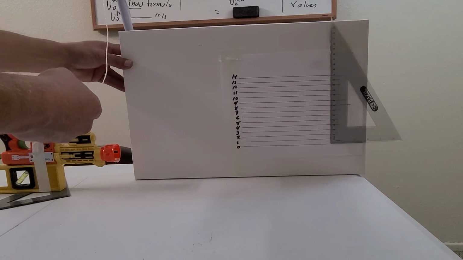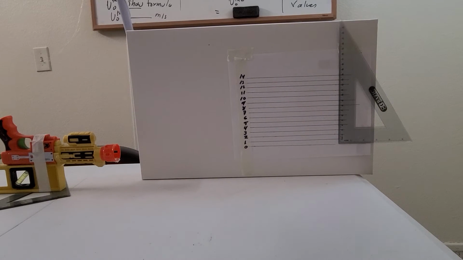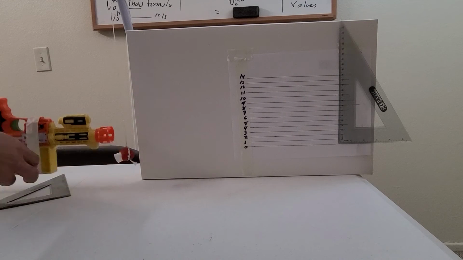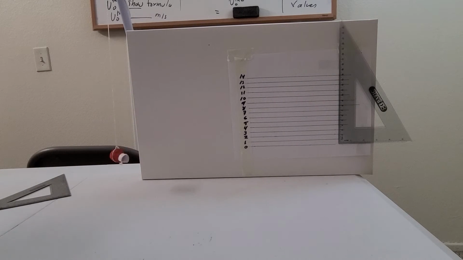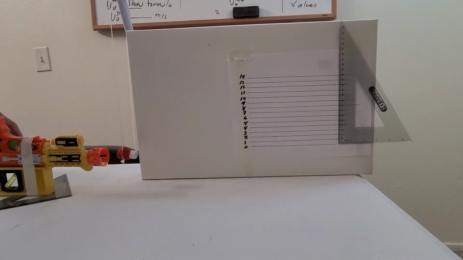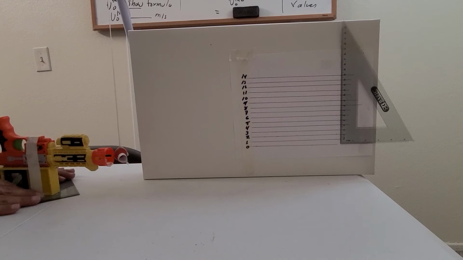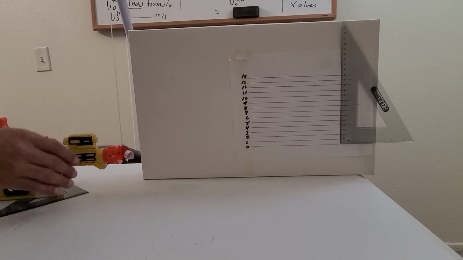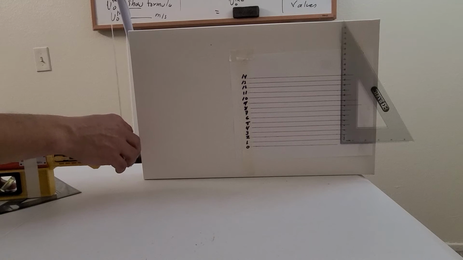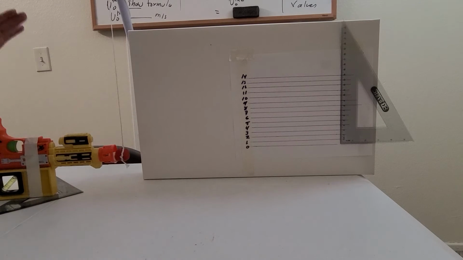Oops. Let's load the spring gun. One more time. Oh my god, I thought it was easier, but look. We have to adjust everything. Okay, it's ready. Let's do it one more time.